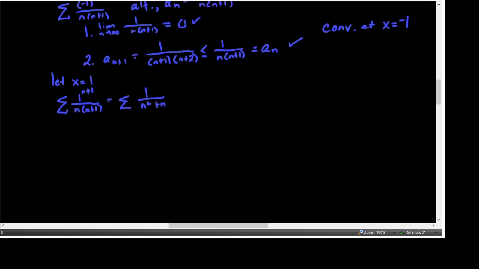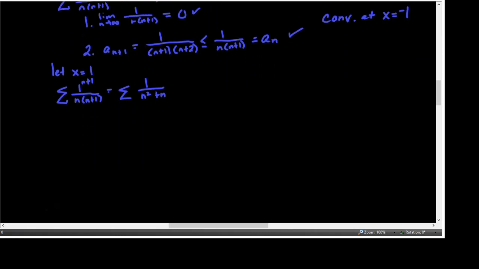So one of the things that we did was, if I let a sub n for this be 1 over n squared plus n, and strip away lower powers of n, so take away the plus n, and that's n squared.